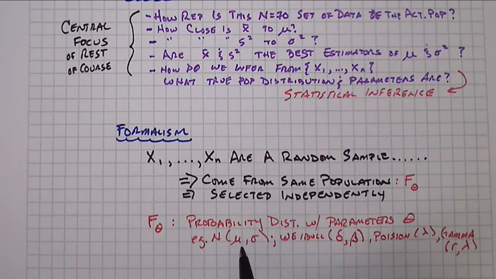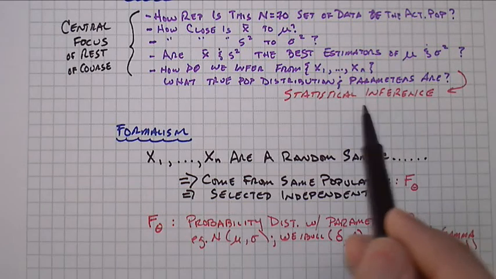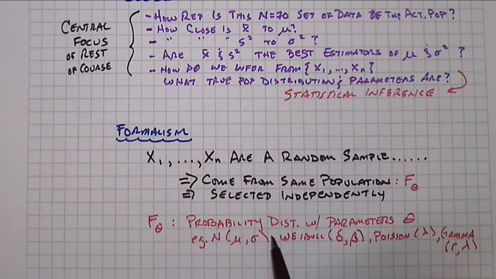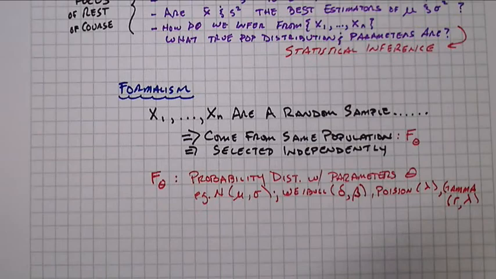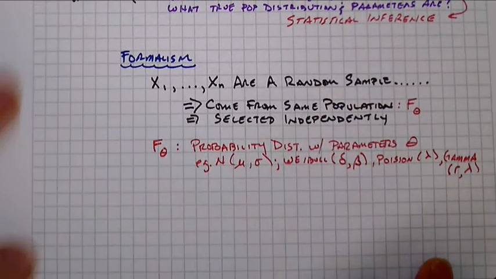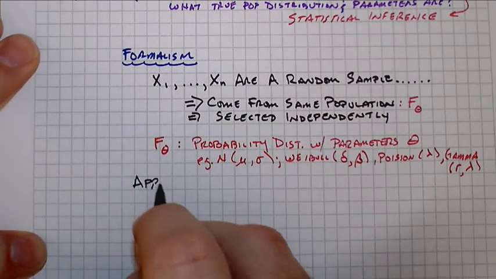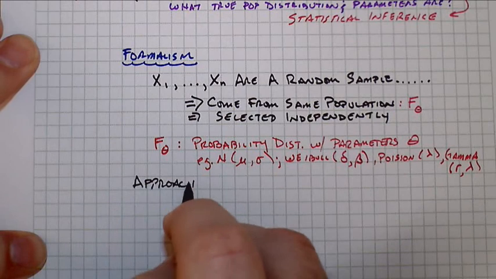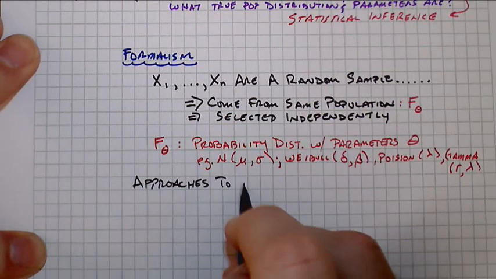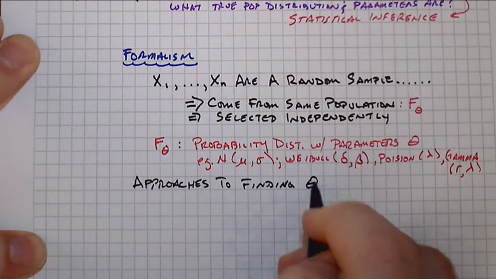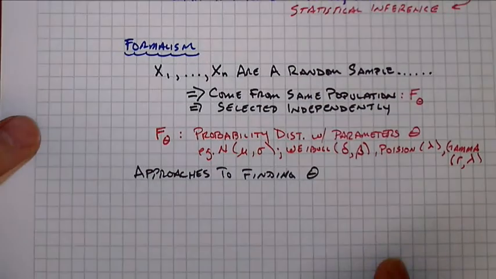Well, statistics is all about doing some random sampling and then using that random sample to try to estimate what these parameters are. Right? And so that's the big thing here in our formalism: what are these approaches to finding our parameters that we're calling just generically theta.